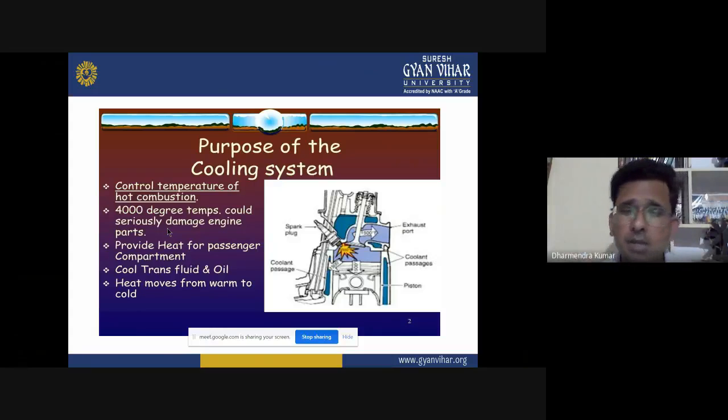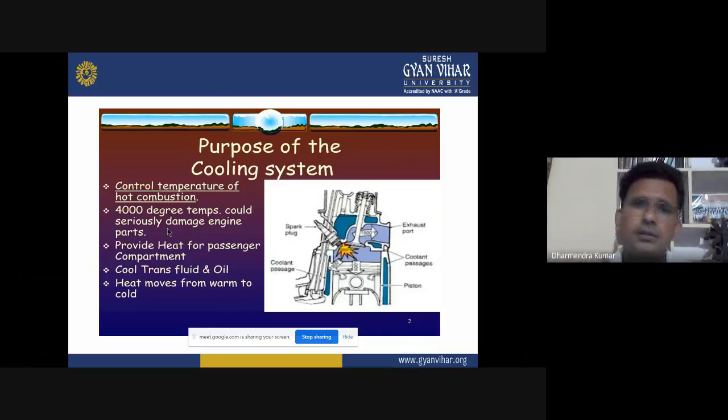At this temperature, if we do not provide a cooling system to the whole cylinder system, it may burst, or some parts may be damaged, like the piston or piston rings, or the cylinder walls. So we have to provide enough cooling around the cylinder.